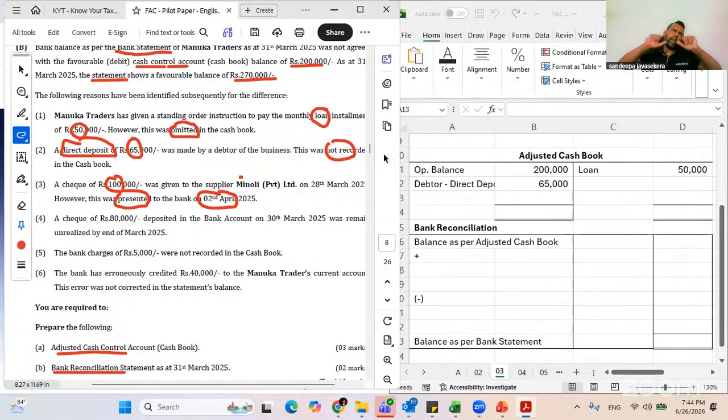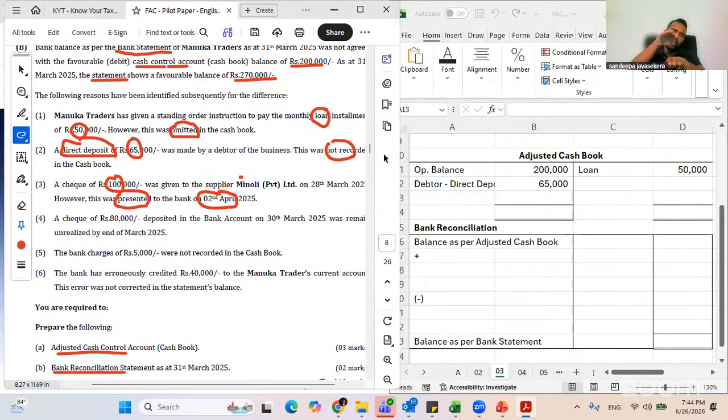In the bank rec, we are trying to reconcile from the cash book to the statement. I'm taking this end as the cash book, this end as the statement. First of all, think the balances are equal. You have issued a check, which means the cash book balance comes down. But it has not been presented to the bank yet, so it has not come to the statement on 31st of March.